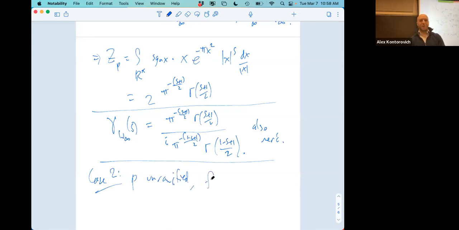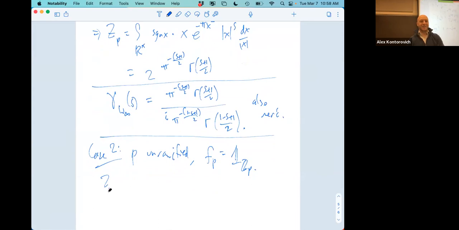Okay, what will I choose for my f_p? The Gaussian, the indicator function of Z_p. We already did this integral, as we said. Z_p is 1 over 1 minus chi of p over p to the s.